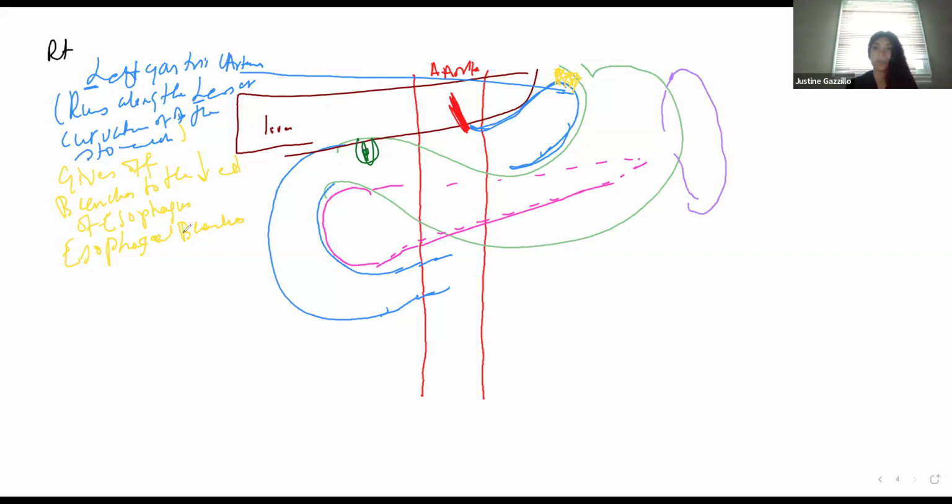I have a question. I know when we were talking about the descending aorta, that gave off the esophageal artery. This is completely different though? But where do you have your esophagus? Most of your esophagus runs in the thorax, right? So as it runs in the thorax, it will need blood there too.